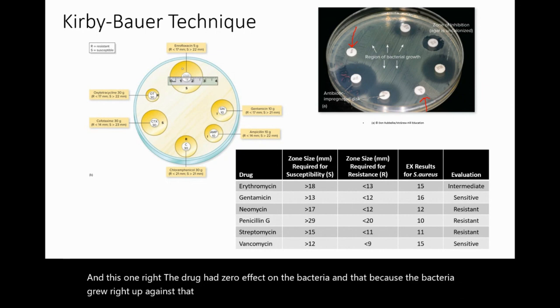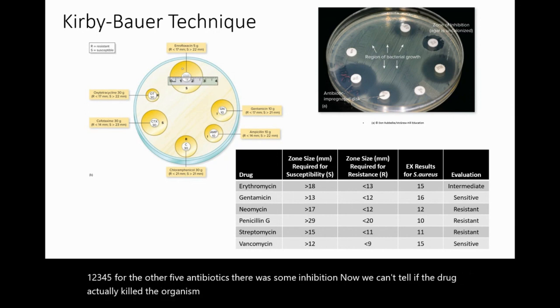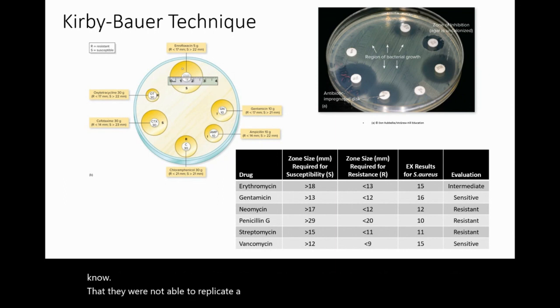Those antibiotics didn't slow it down at all, okay? But for the other 5 antibiotics, there was some inhibition. Now, we can't tell if the drug actually killed the organism or just prevented those initial cells from growing. We just know that they were not able to replicate a lot overnight.